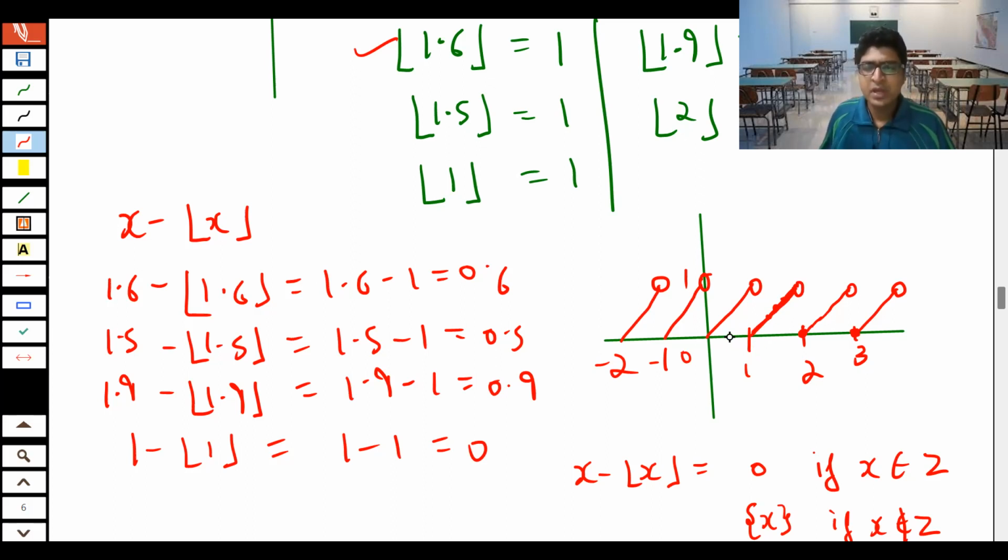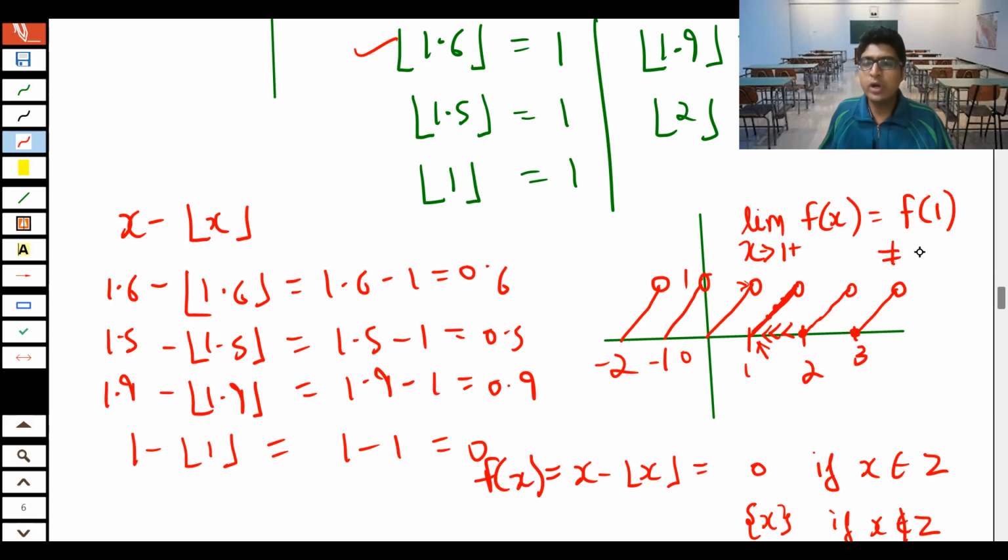So notice that when you approach this function from the left, you reach somewhere here, and exactly at 1, you are at 0. And when you approach this function from the right, you approach 0 only. So the limit as x tends to 1 plus of f(x), where f(x) is this, is the same as f of 1.